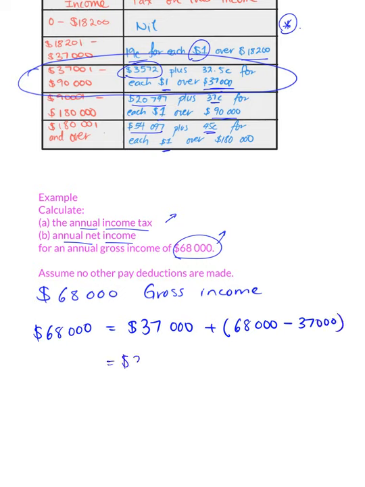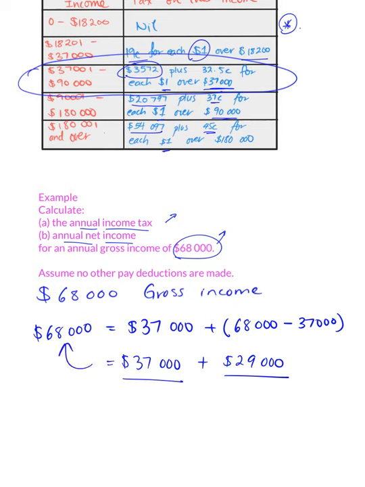And that gives us $29,000. So all we did was subtract $37,000 from $68,000, and that gives us $29,000. So $37,000 plus $29,000 gives us back $68,000.